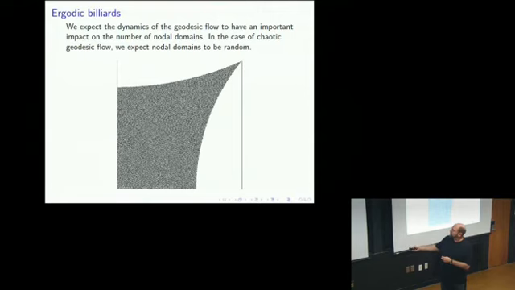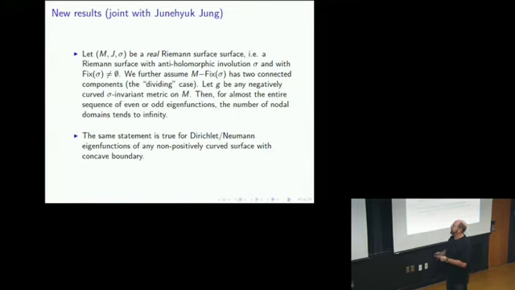The classical mechanics on this is to play billiards, so the ball bounces off the sides by the law of equal angles, and the billiard ball will have an extremely chaotic motion on a table like this. So we're using this classical ergodicity to get lots and lots of zeros and nodal domains for the eigenfunctions. Here I'm going to state the result again.